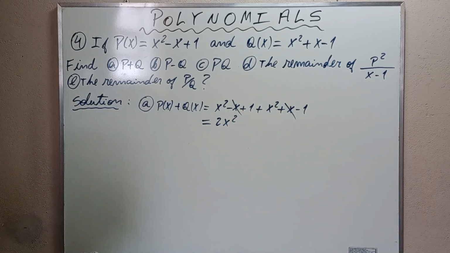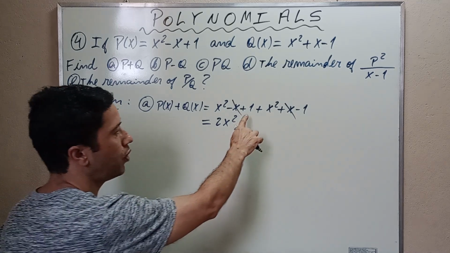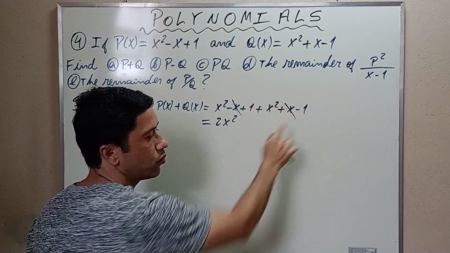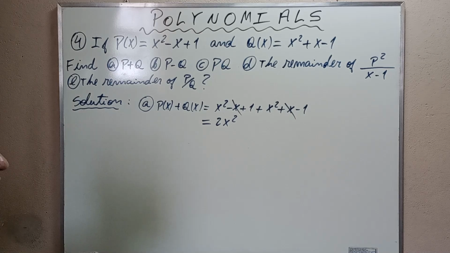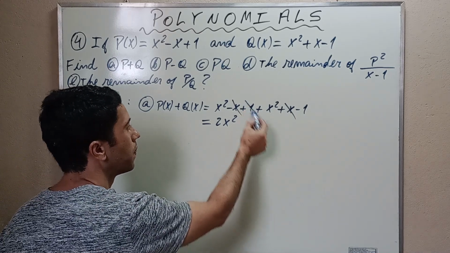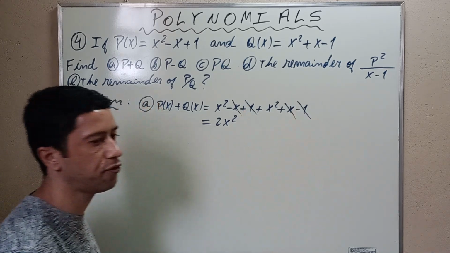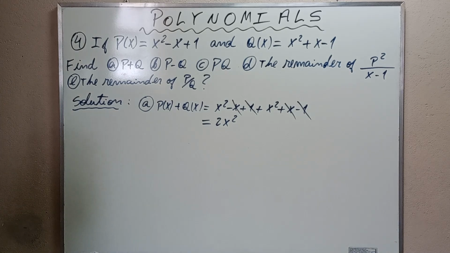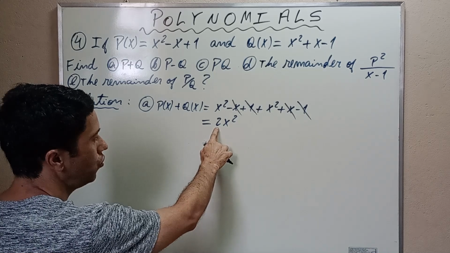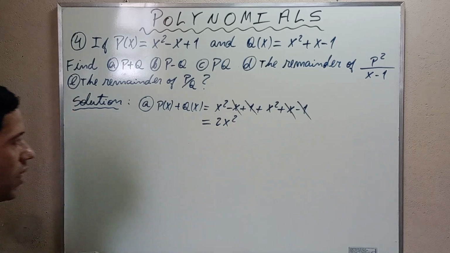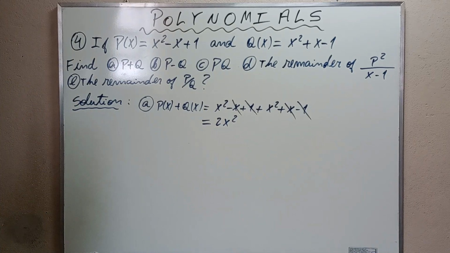Observe also that we have a positive 1 here and a negative 1 here. They cancel each other out. Therefore, the solution of letter A is 2x squared. Alright? Let's go to letter B now. Letter B.